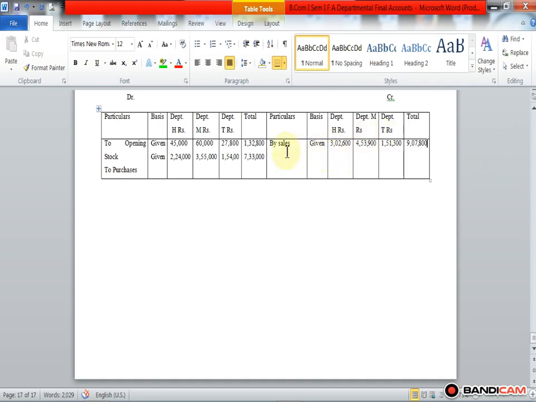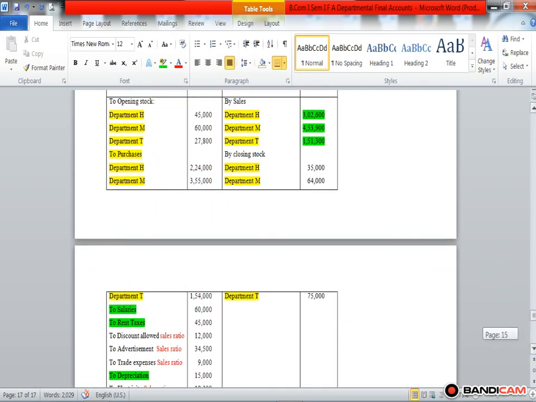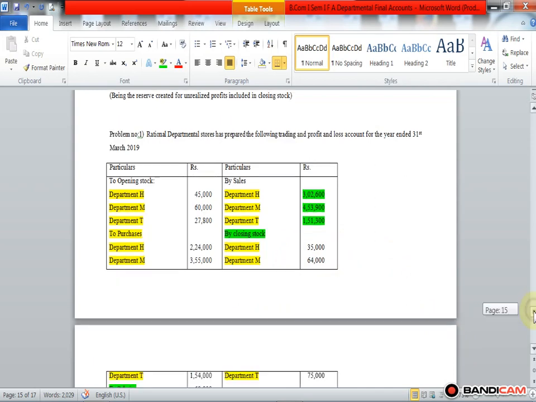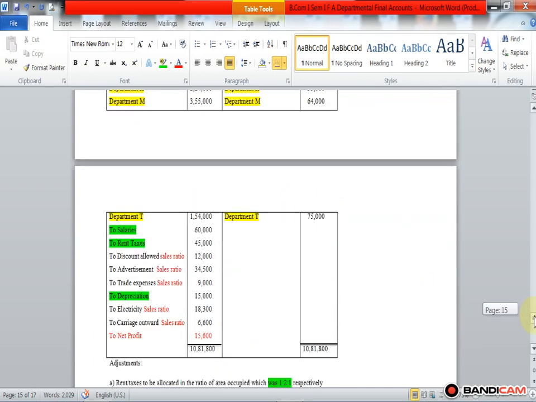Closing stock is given in the problem. Closing stock is transferred to the credit side of trading account. Here closing stock is given, that is amounted to rupees Department H 35,000, Department M 64,000 and Department T 75,000.